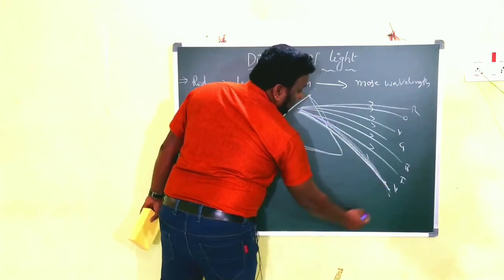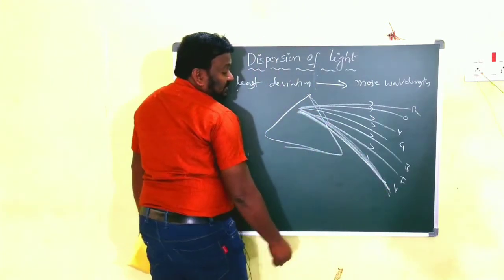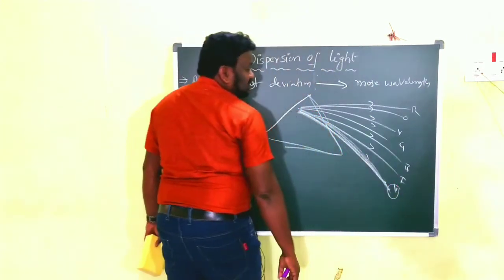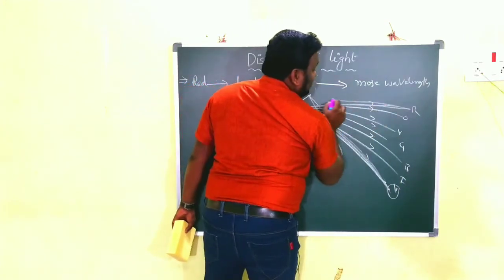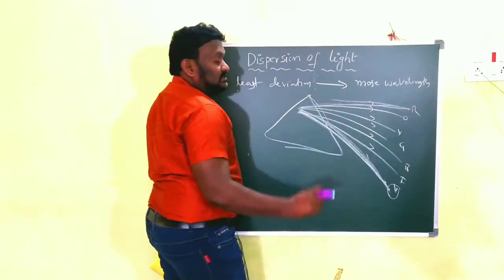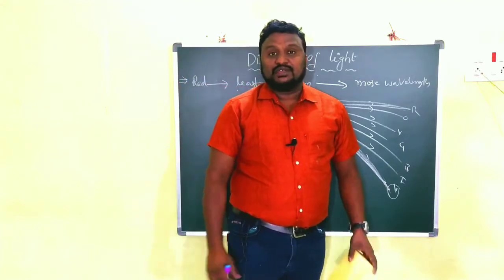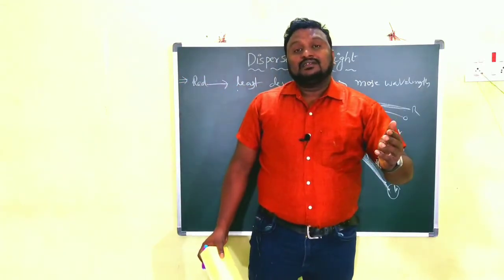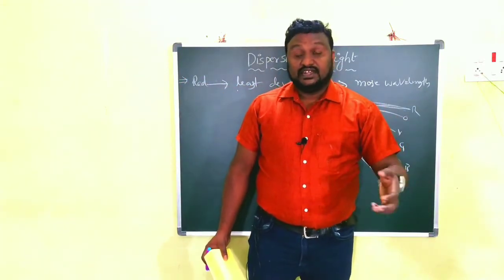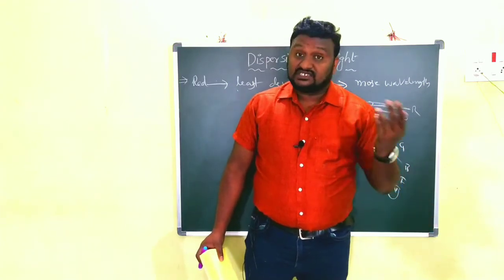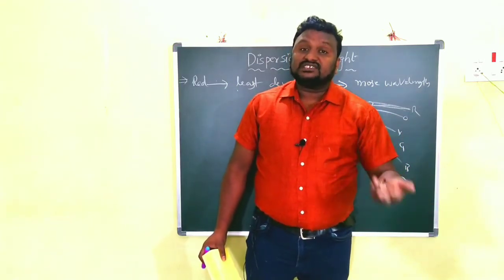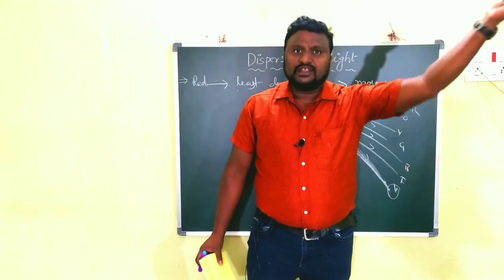Bends means deviation. That's why violet has more deviation, and red color bends only a little bit. When it bends a little bit, the angle of deviation is less. When the angle of deviation is less, it will go for more distance.